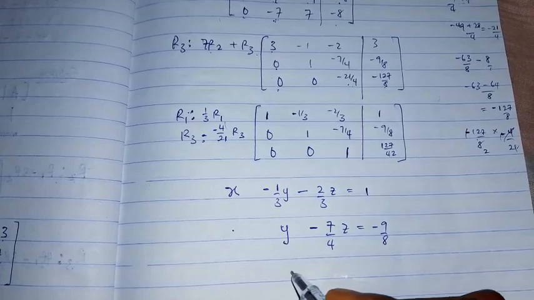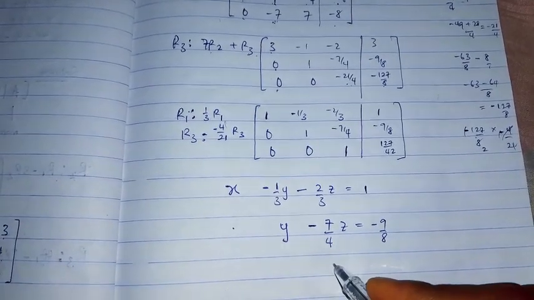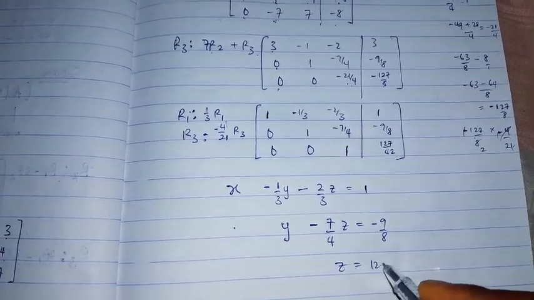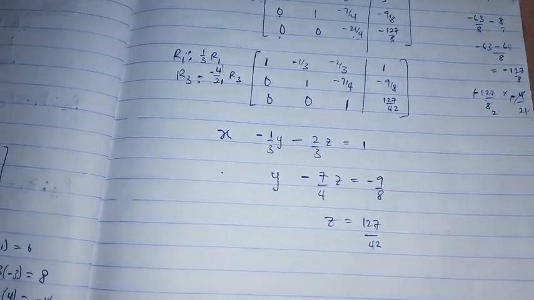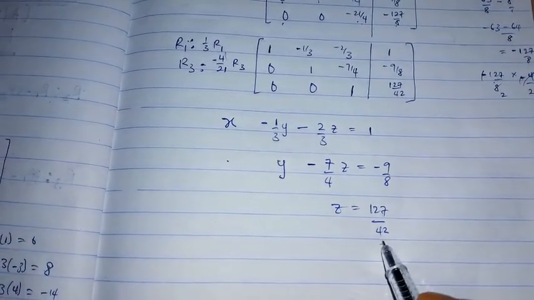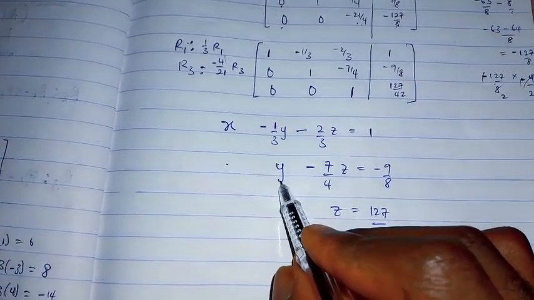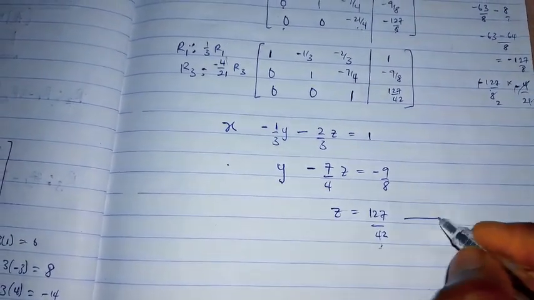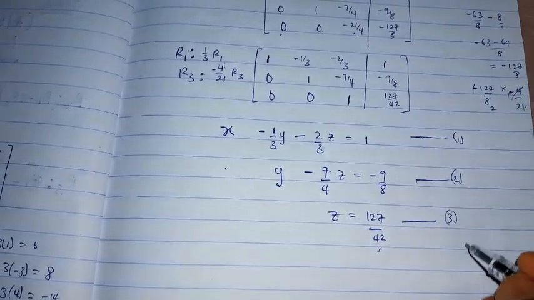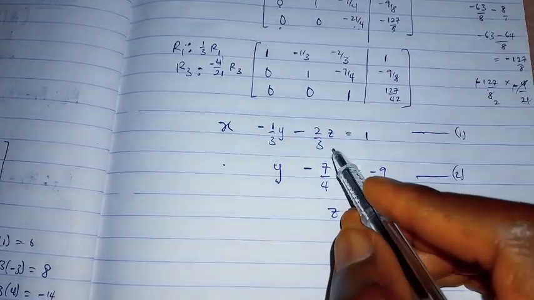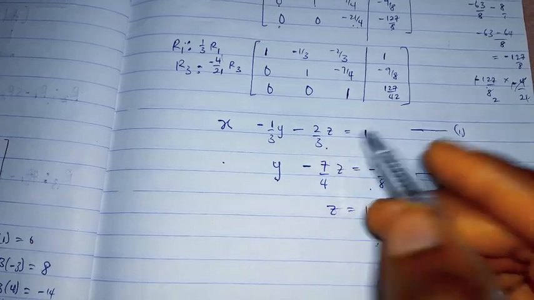And finally, I have 0x, 0y. I have my z to be equals to 127 over 42. So, as you've gotten your z as this, you should just substitute it into this equation. This is now equation 3, equation 2, equation 1. Substitute it into equation 2 to get your y, into equation 1 to get your x, and you're good to go.